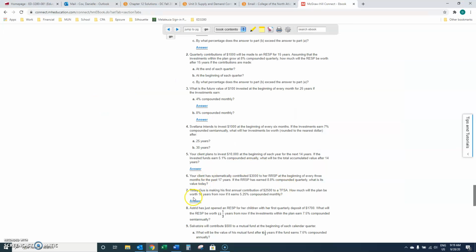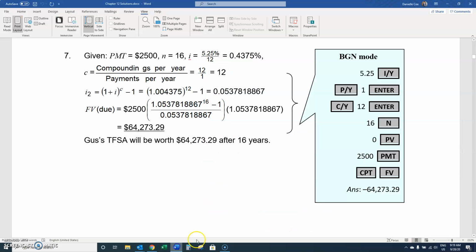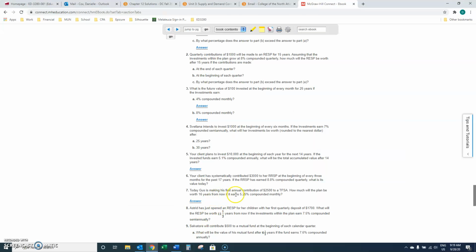So the amounts are there. Annual contribution, $2,500, so that's his payment. And that's what we have right here. 16 years, it's annual contributions, so 16 is your N. 5.25 is going to be your interest per year, compounded monthly, so your compounding is 12.